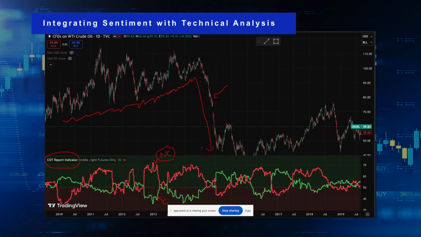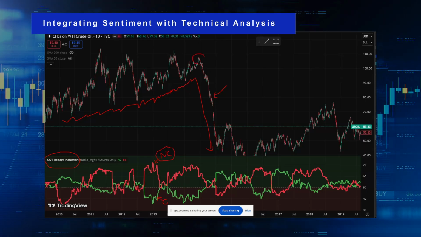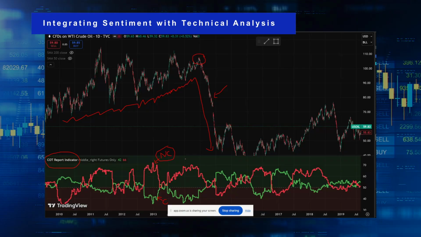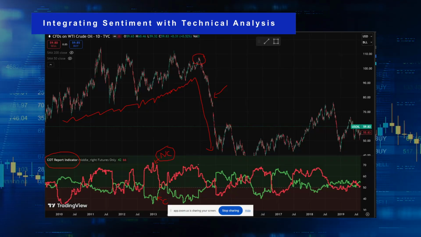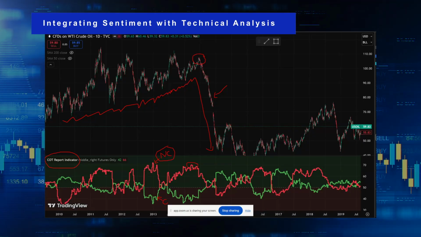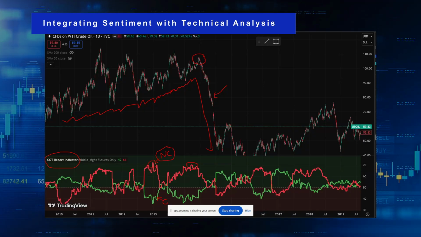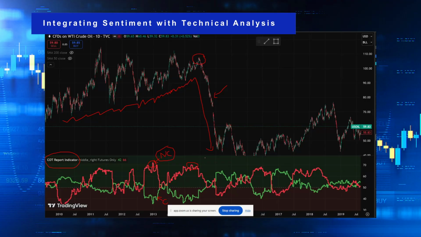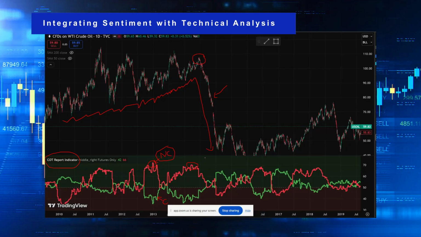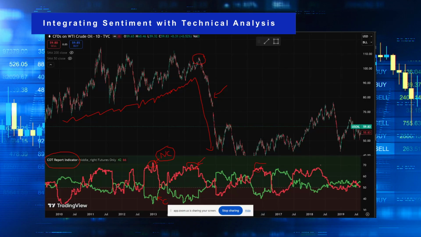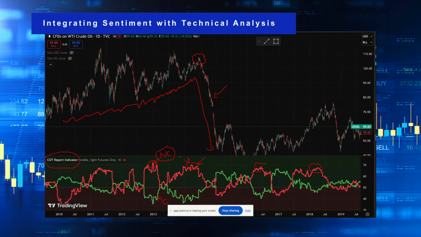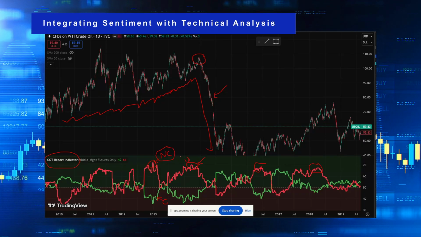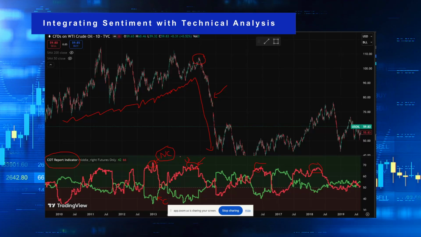So you can see over here, what happened is that the market top in crude oil was followed by a top. You can see the top over here. Okay, but definitely this one is one of the largest long positions for this specific period.